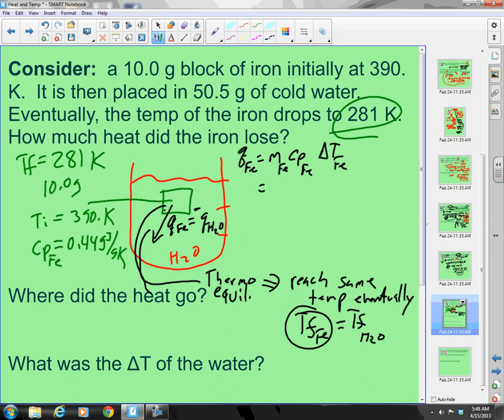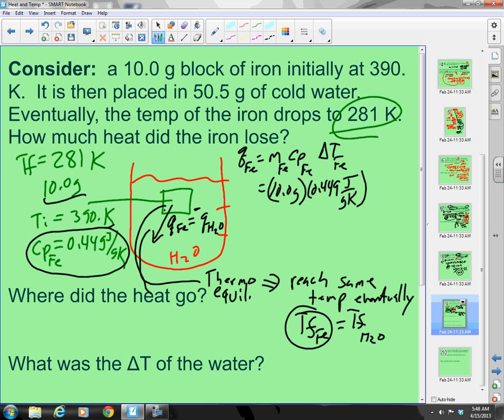So what's my m? My m is 10.0 grams of iron. We just want this all to have to do with iron right now. C_P of iron, 0.449 joules per gram Kelvin.